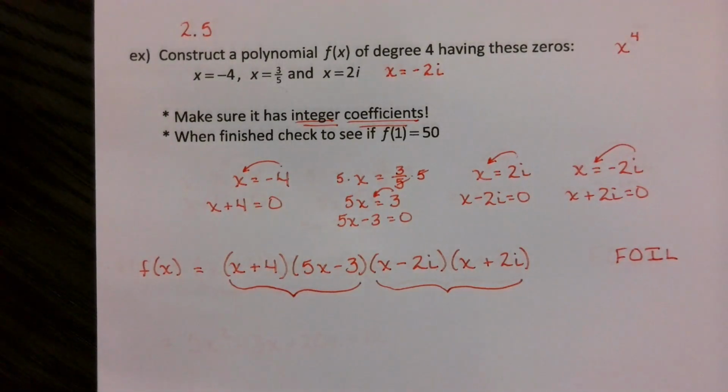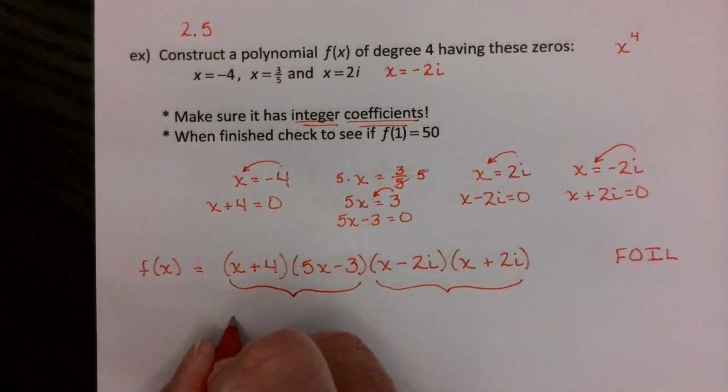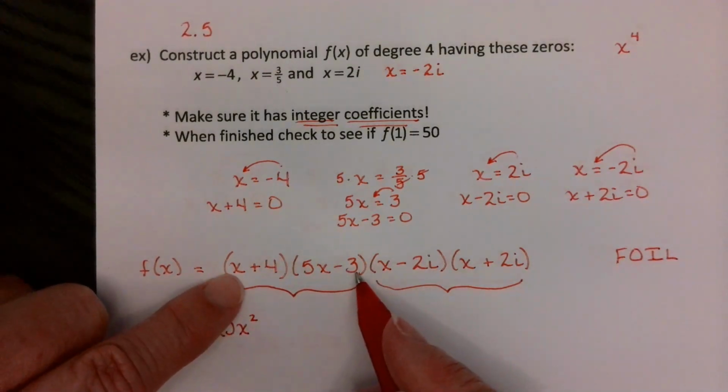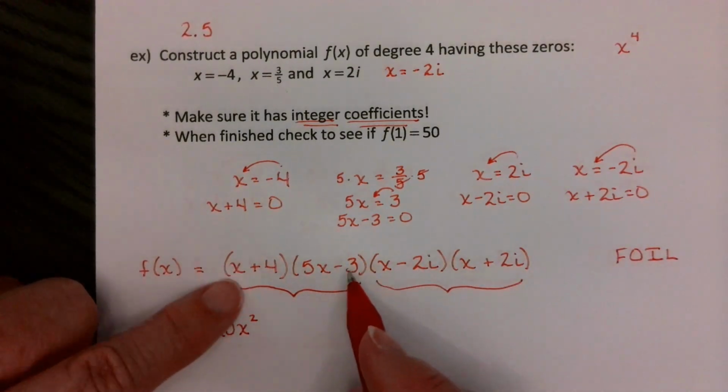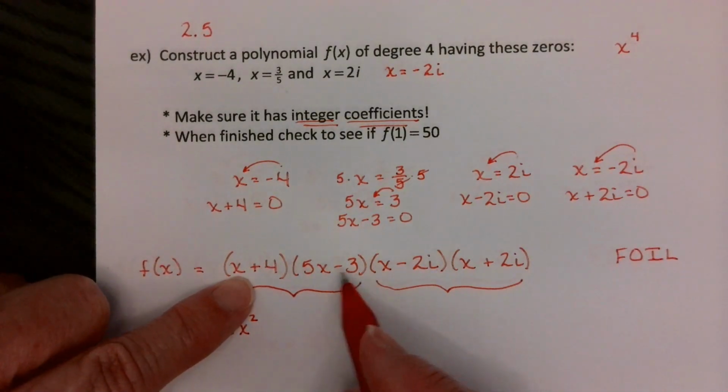The F stands for first, so the first terms, x times 5x gives us 5x squared. The outside times outside gives us -3x.